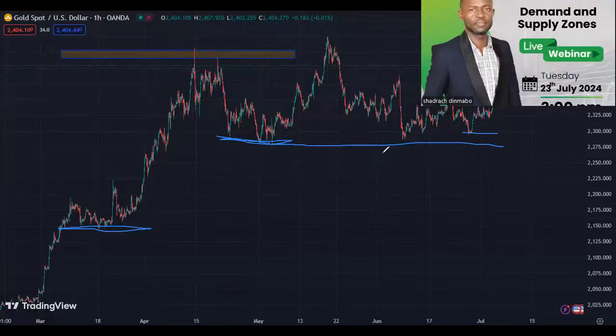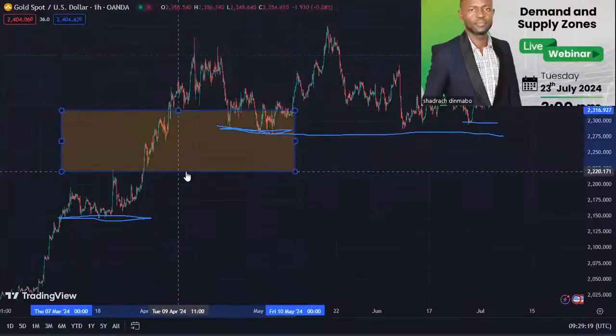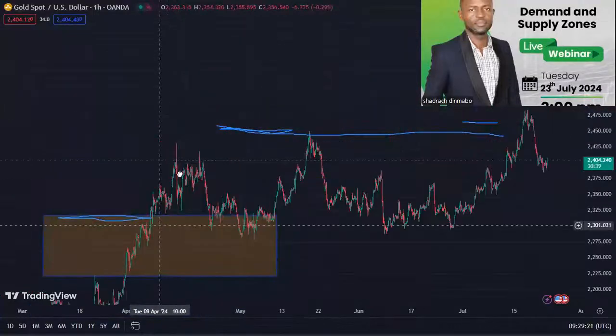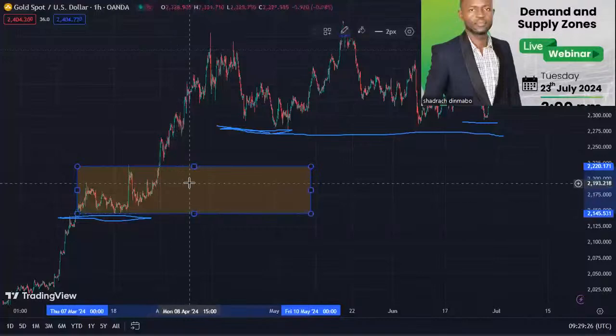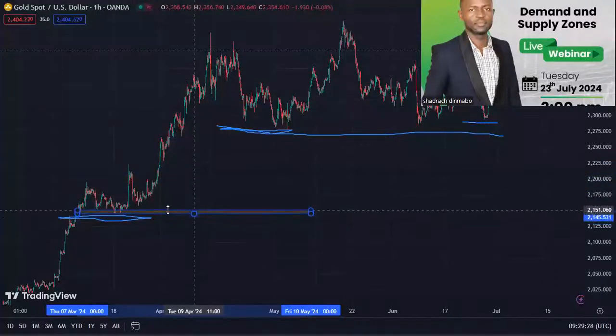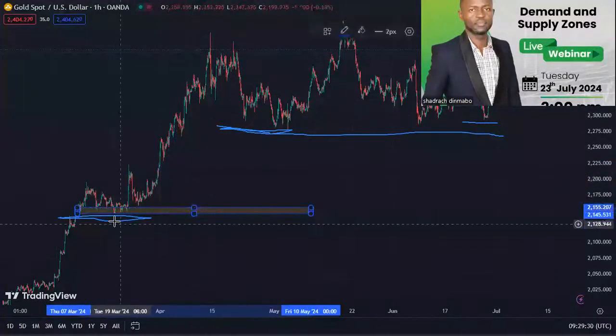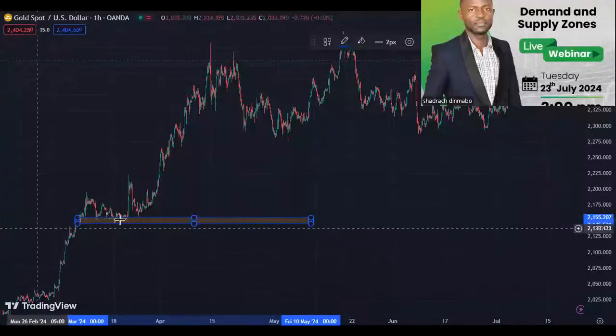Now, let's begin to push on. Let's say we pick up this one and drag it down. We want to check something. Let's say we identify this zone, this is a valid zone.